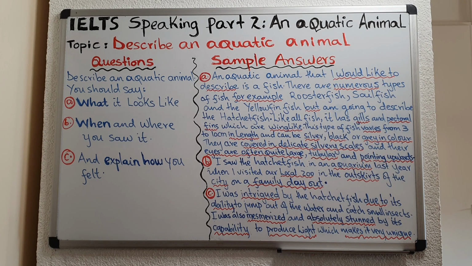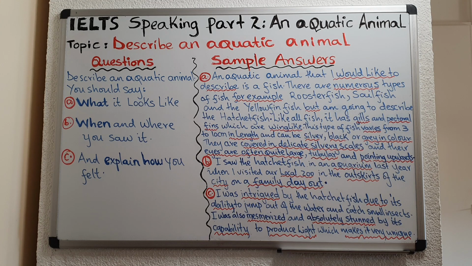Okay? Now, the last tip is use linking words to join your ideas together. I have used a number of linking words and I have underlined for you the linking words that I've used in sample answer A. I have used, for example, I have used and, I have used or, and in sample answer B, I have also used a number of linking words.